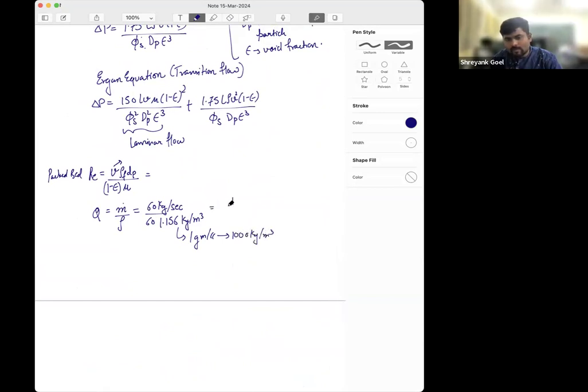So what we get is 1 divided by 1.156, and on calculating it, we get 0.865 meter cubed per second. So velocity is Q by A, and that is 0.865 divided by pi by 4 dp squared.